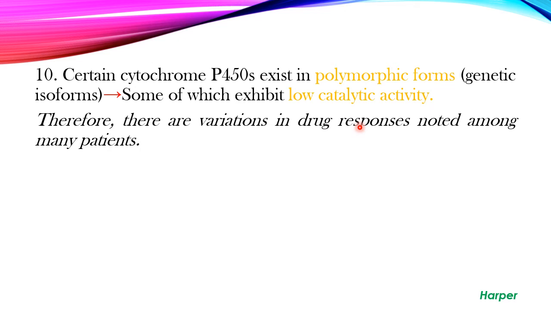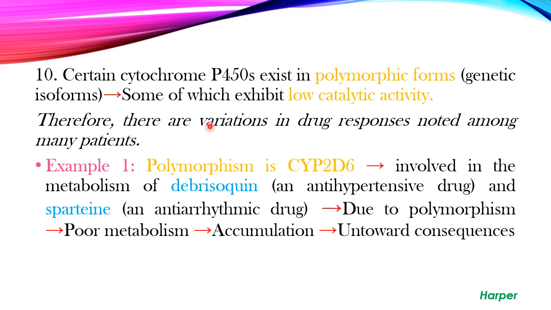For example, polymorphisms have been seen in CYP2D6, as a result of which CYP2D6 cannot perform its actual function. Normally, it is involved in the metabolism of debrisoquine, which is an antihypertensive drug used to treat blood pressure, and there is another drug called sparteine, which is used to control the rhythm of the heart.